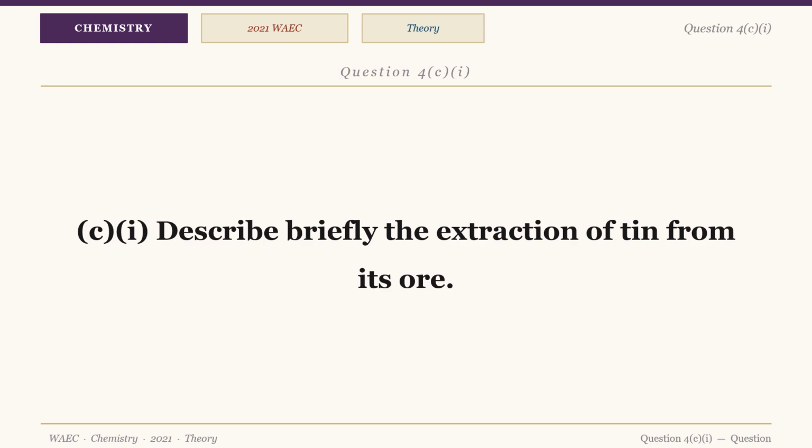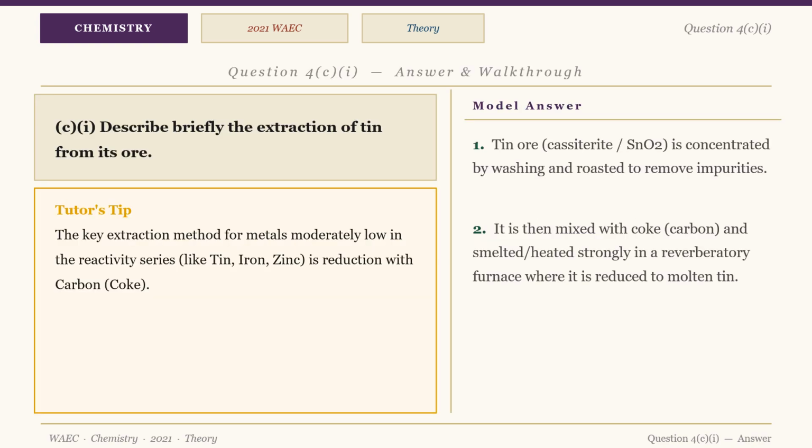Now for CI, describe briefly the extraction of tin from its ore. So now here we have the tin ore. Now the ore is known as cassiterite, the tin oxide SnO2, and it's concentrated by washing and roasted to remove impurities.